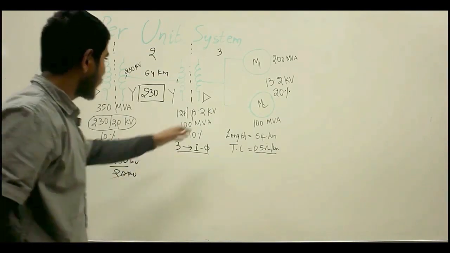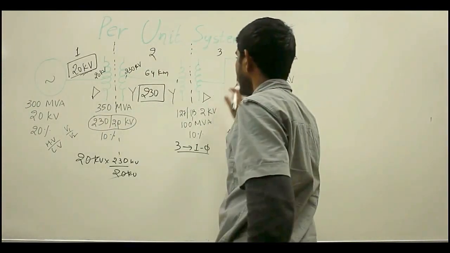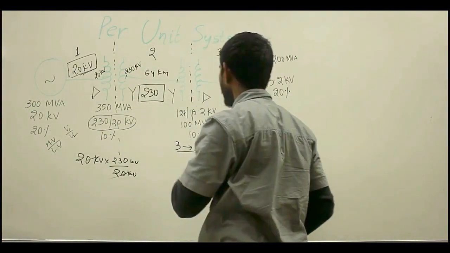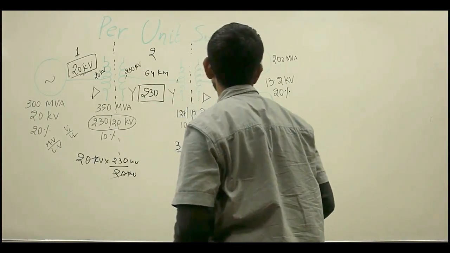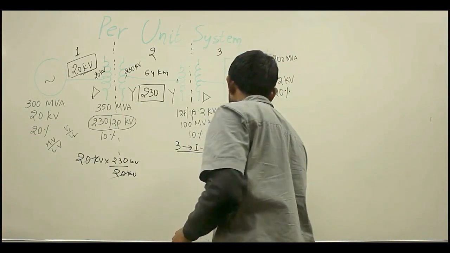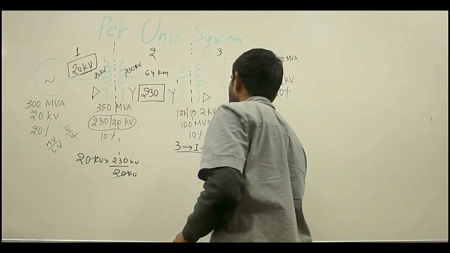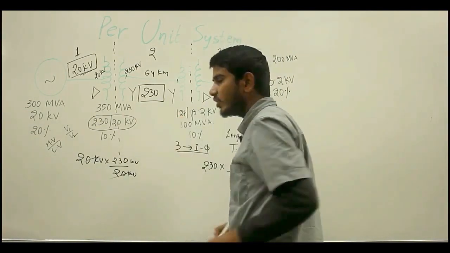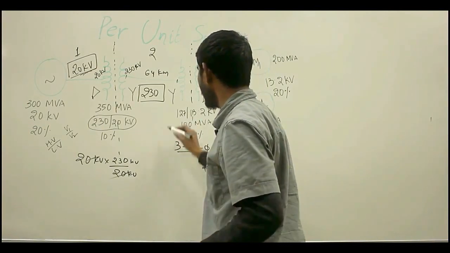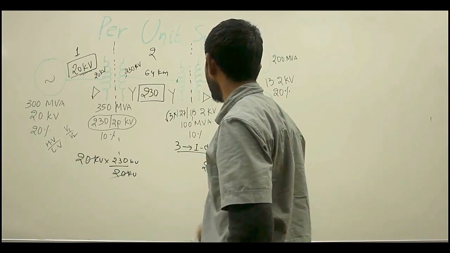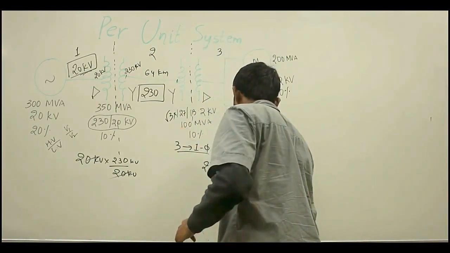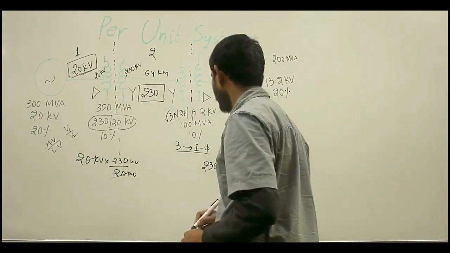Similarly, I want to find the base kV in this zone. The base kV in this zone will be 230 into 13.2 upon the line to line voltage here, given by root 3 into 127 upon 13.2. So this will be 220.